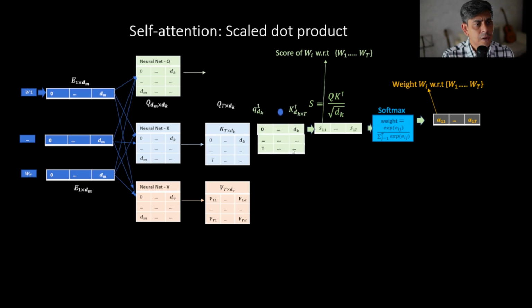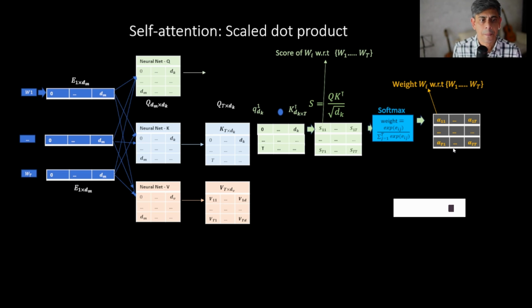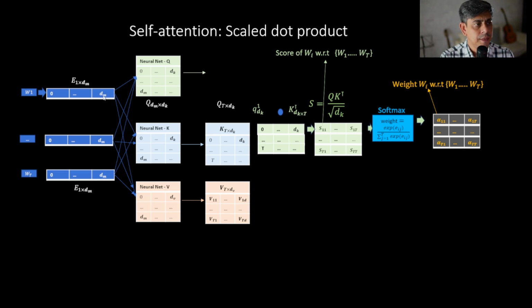Now this similar operation will be done for all other queries, making the final output of the weights also a matrix. You can understand that when Q, K, V are of similar dimension, this is going to produce a square matrix, because you are asking what happens to word 1 with respect to words 1, 2, 3 and T. That's how the weights are measured, one with respect to the other.